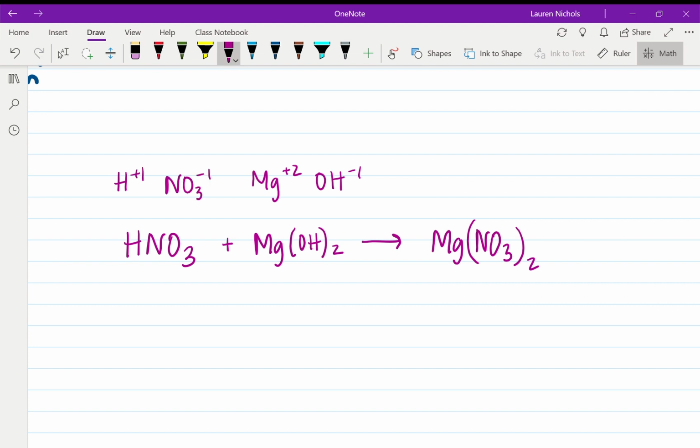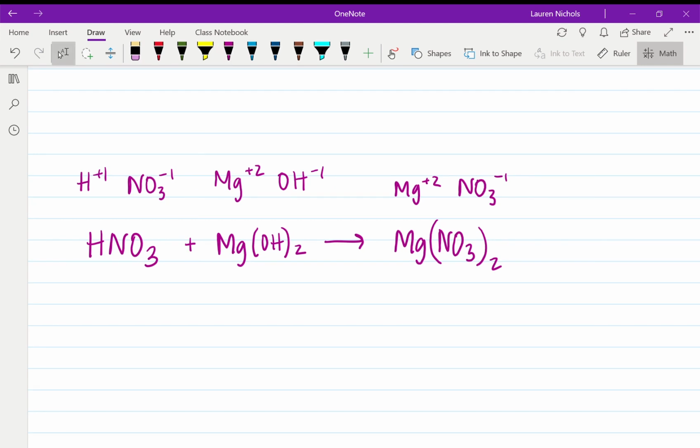So when they swap places, the magnesium with a +2 charge and the NO3 with a -1 charge, in order to balance out the charges, you'll need 2 nitrates. But that, again, is just a real quick refresher from first semester. So it'll produce magnesium nitrate and HOH, which again is H2O.